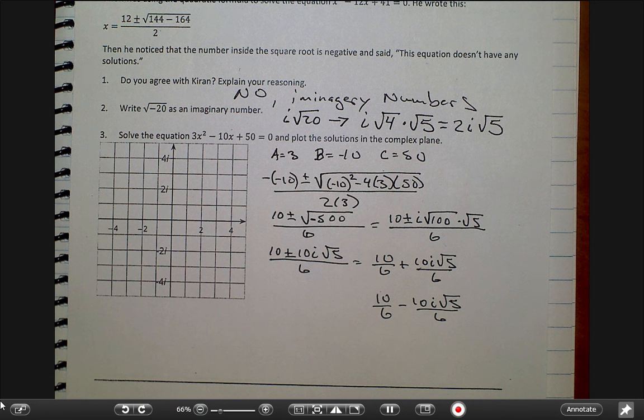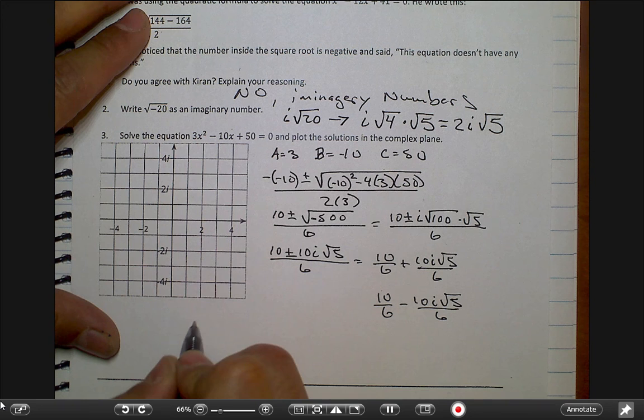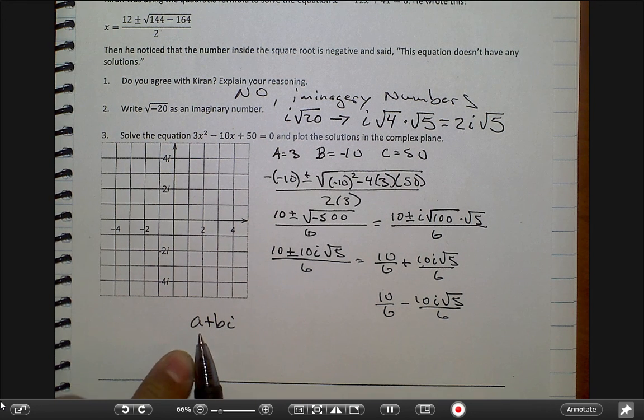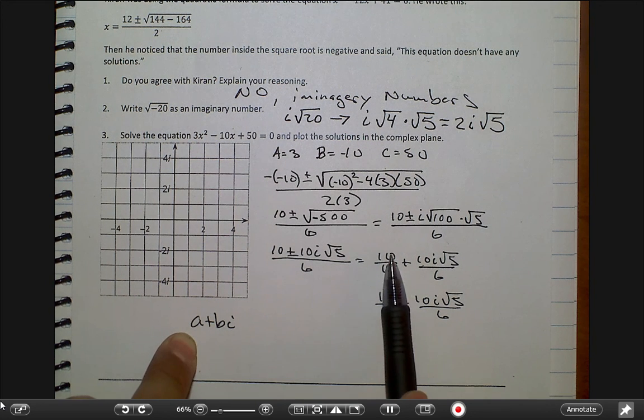Now, in the complex form of a graph, it's always a plus bi. So it's kind of like road directions. All right, 10 over 6. What's that as a decimal? It's almost 2, right?